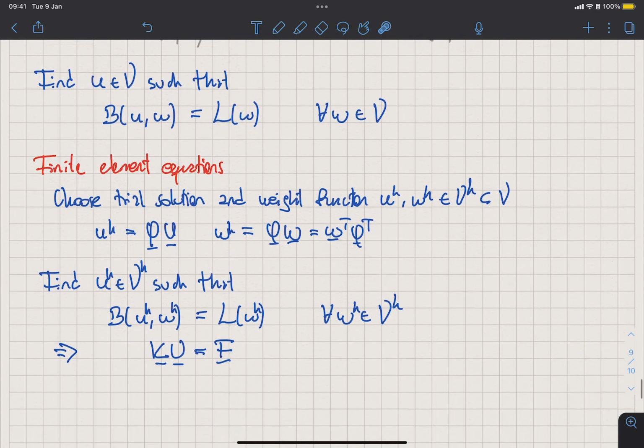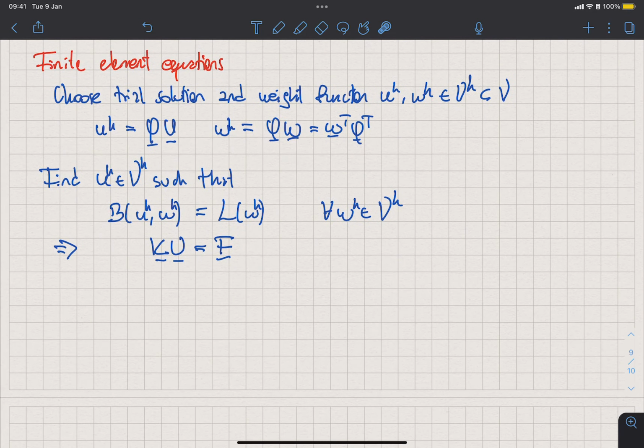And then, for deriving the finite element equations, what we do again is that we're not looking anymore at an infinite dimensional space. We take a finite dimensional space, and in this context, a finite element space, right?